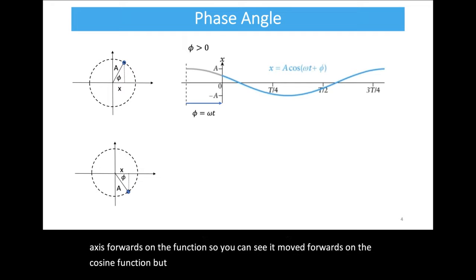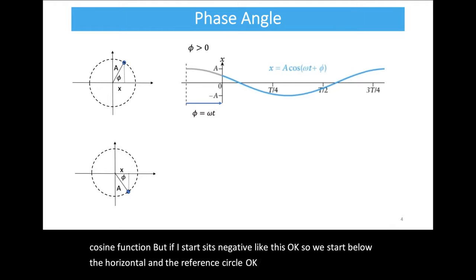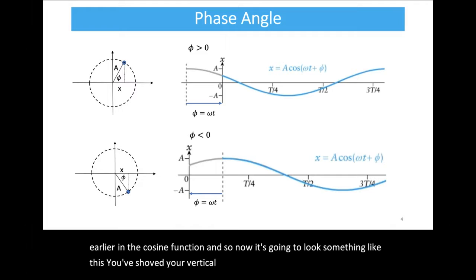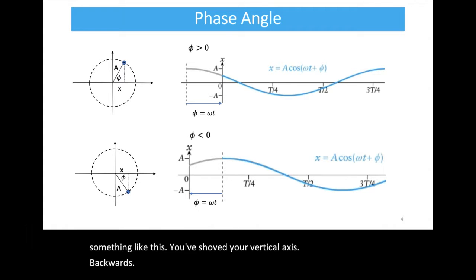But if phi is negative, like this, so if we start below the horizontal on the reference circle, we're starting essentially earlier in the cosine function. And now it's going to look something like this. You've shoved your vertical axis backwards. So you're still at a point where x is somewhere between 0 and a, and it's positive.